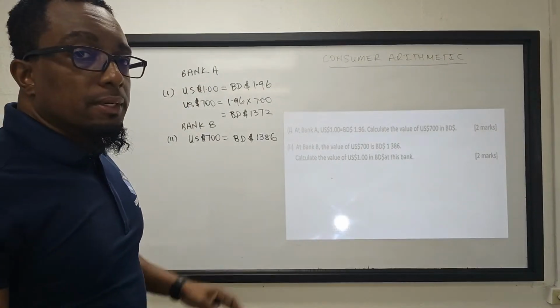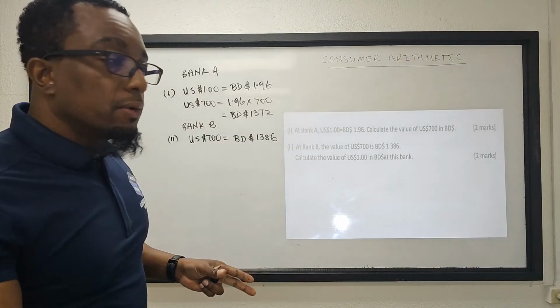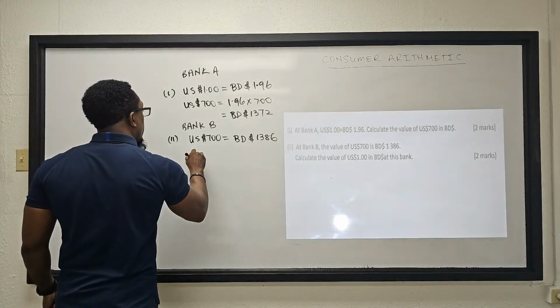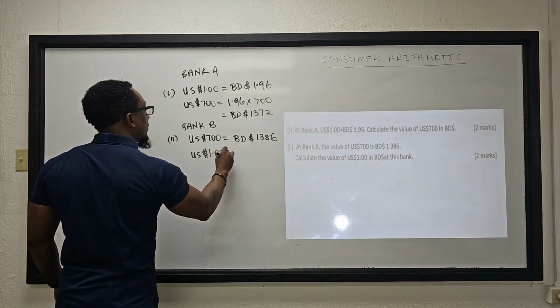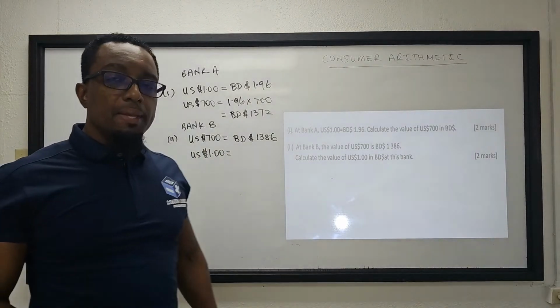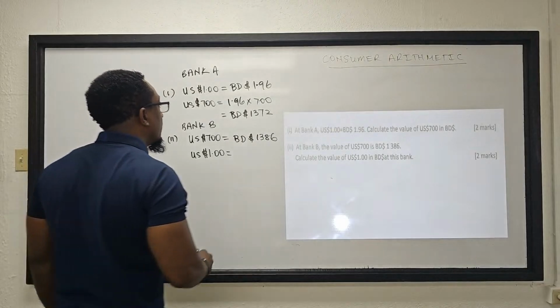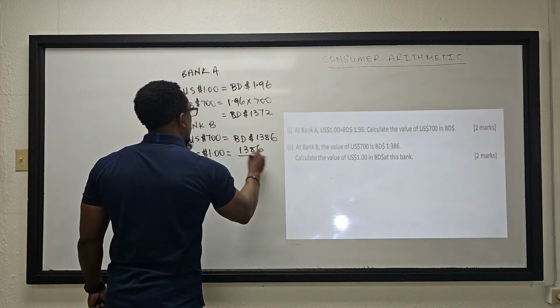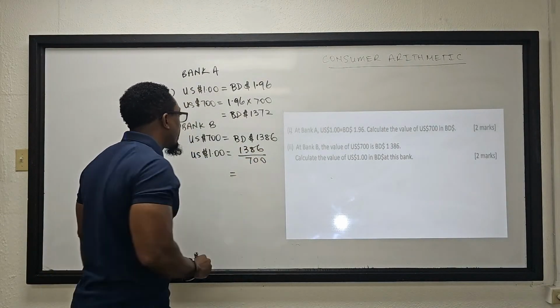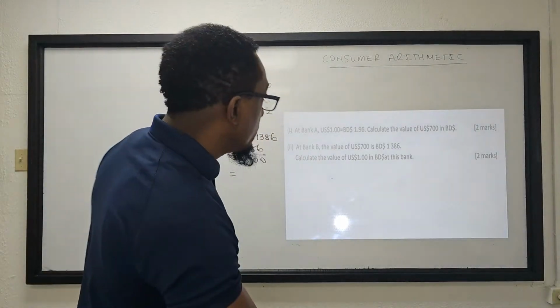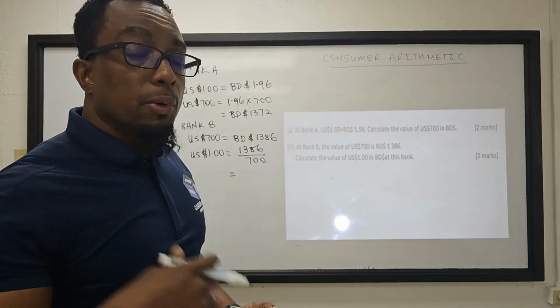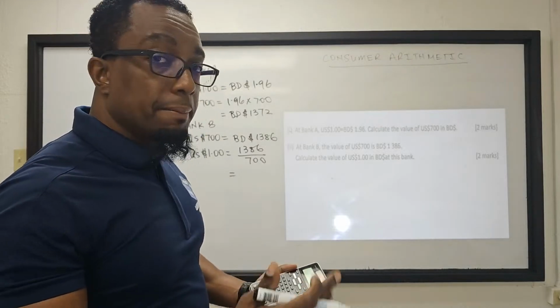So if you know what US $700 is equal to in Barbados, you can easily find for US $1, which will be to divide Barbados $1,386 by 700. When we divide the two, let's see what we're going to get. That will help us determine what $1 is equal to in Barbados dollars.